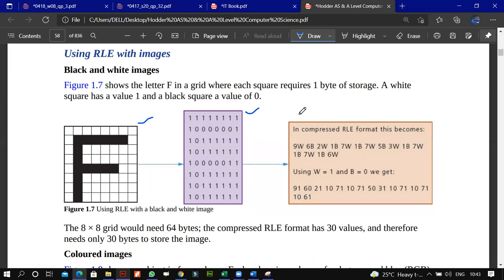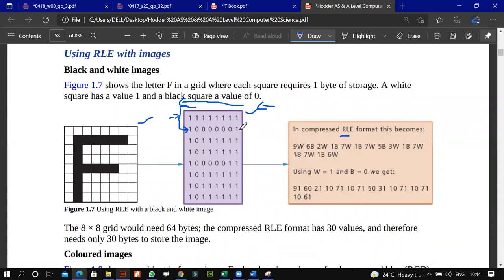Then how is it compressed using RLE, run length encoding? We'll start from the very top and go this way. I have 9 whites: 1, 2, 3, 4, 5, 6, 7, 8, 9. Then I have 6 blacks.